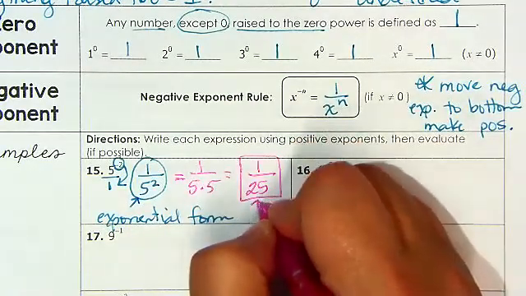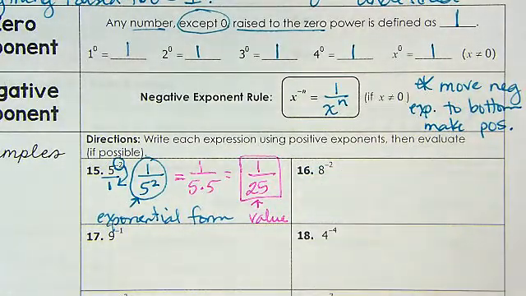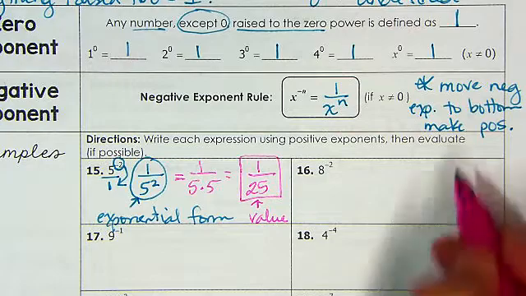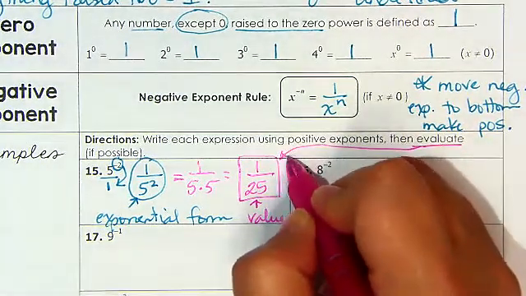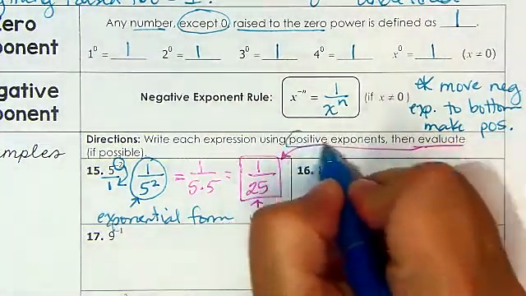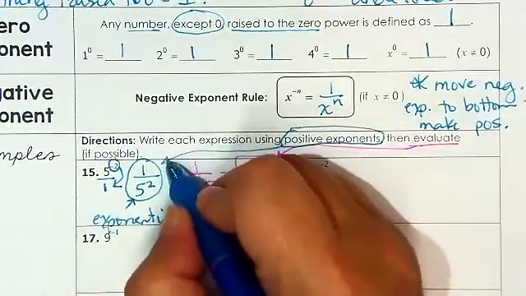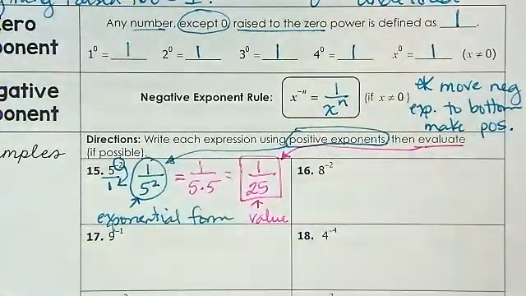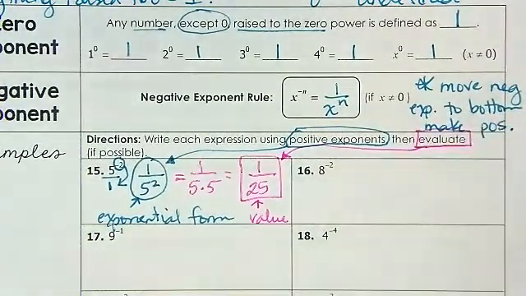This is the value, which is where you evaluate. So in a way, you have 2 answers for each problem, for some problems, if you're dealing with numbers. All right. Next example.